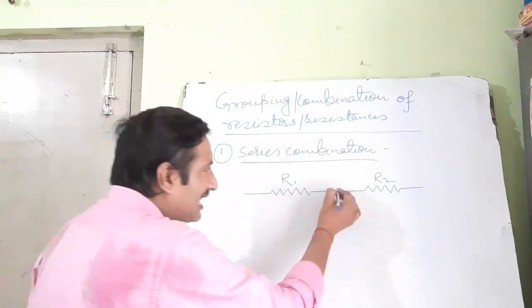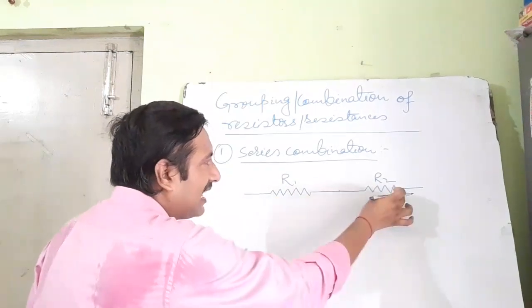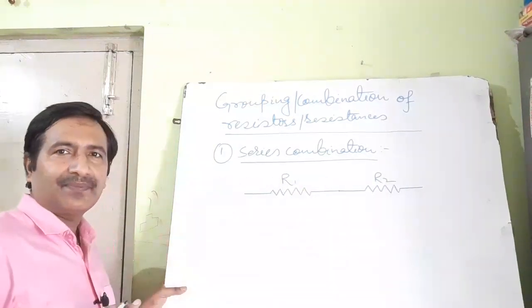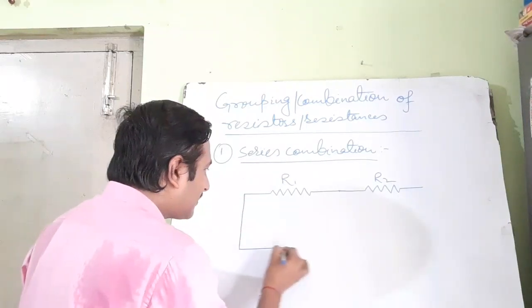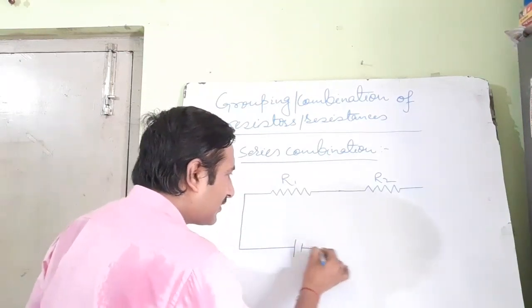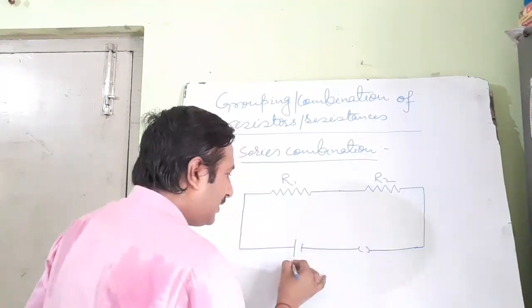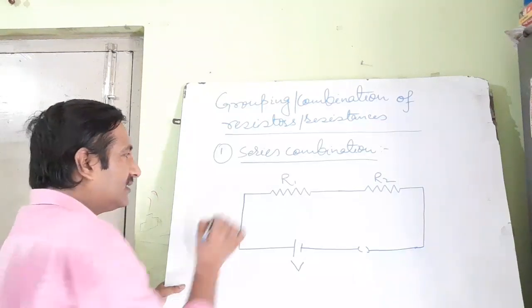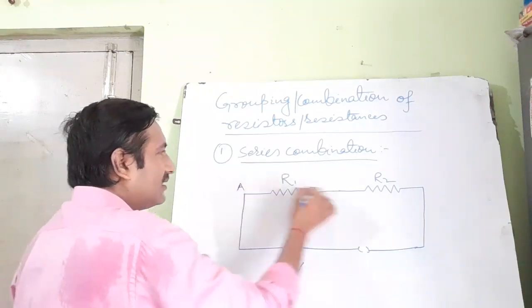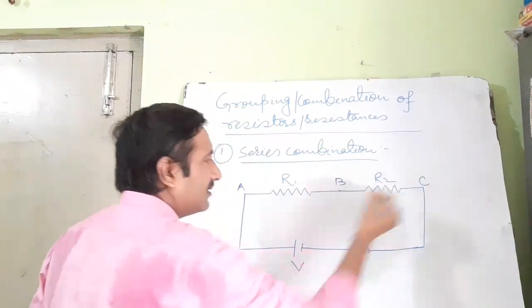The other ends are connected to different potentials. Suppose this is connected to a cell of potential difference V. This point is taken as A, this point as B, and this point as C.